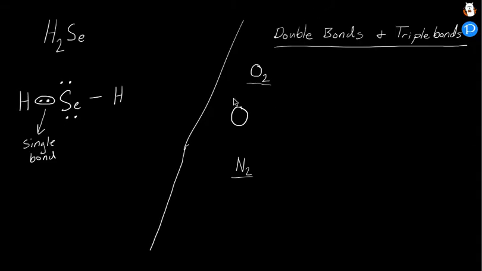And so I'm going to draw 6 valence electrons: 1, 2, 3, 4, 5, 6. There's 6 valence electrons that oxygen has to work with.